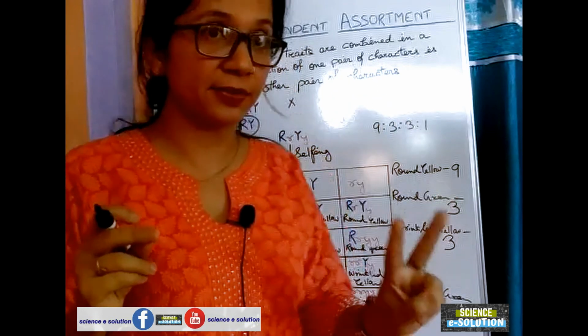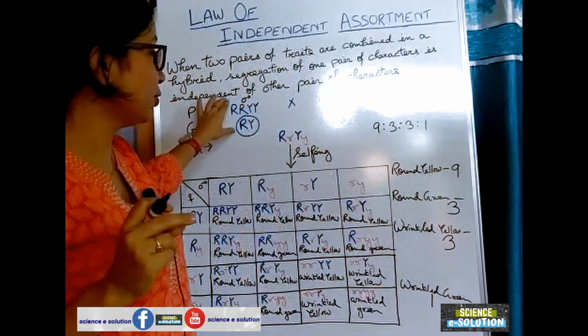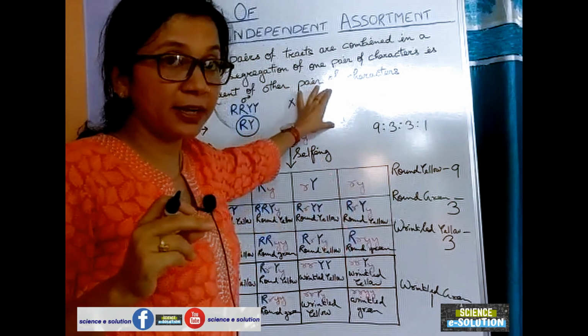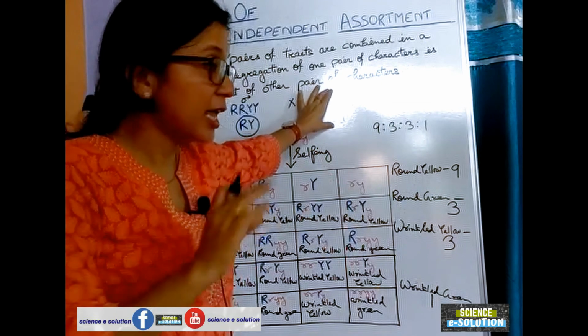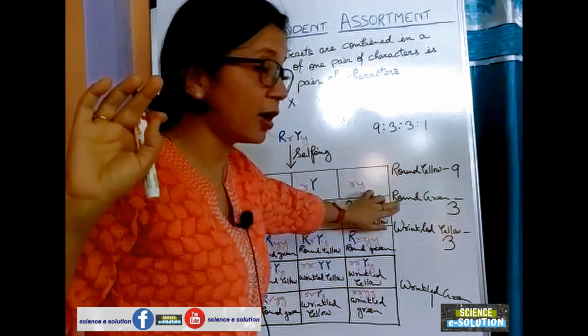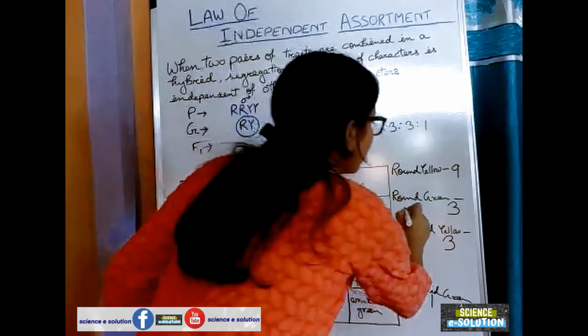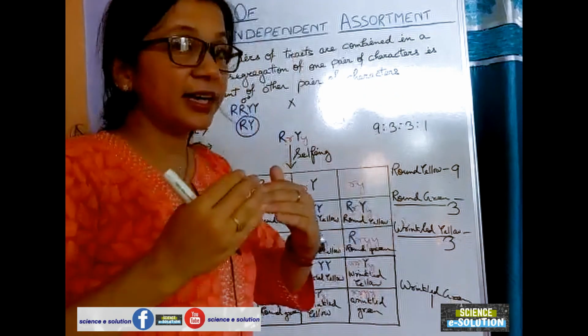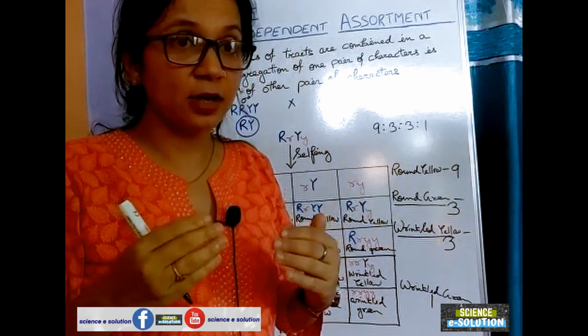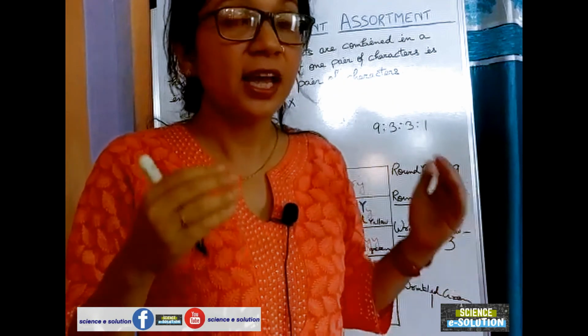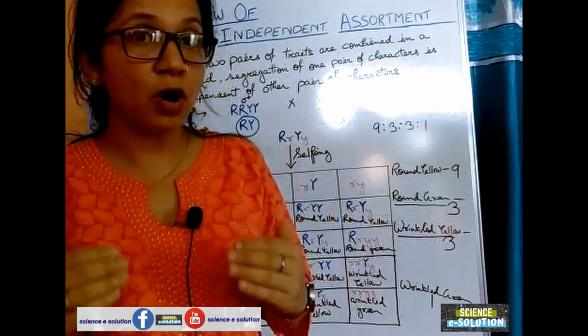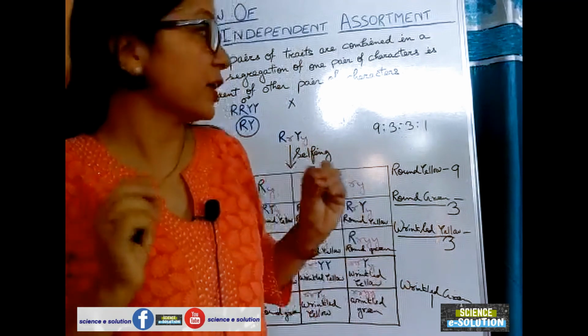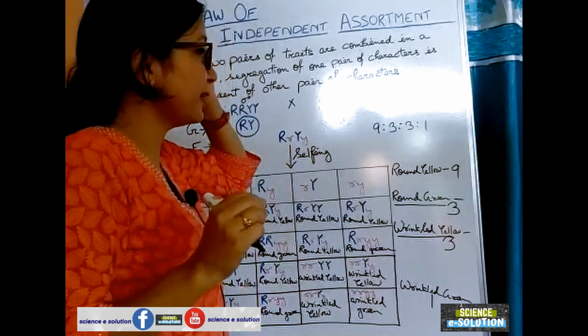But the main point we should observe for this law of independent assortment is that we have taken two types of parents. One parent was round yellow and one parent was wrinkled green. None of the parents was round green, or wrinkled yellow. So we are getting some characters in the F2 offsprings which were not present in the parents. How? Because of this law of independent assortment.